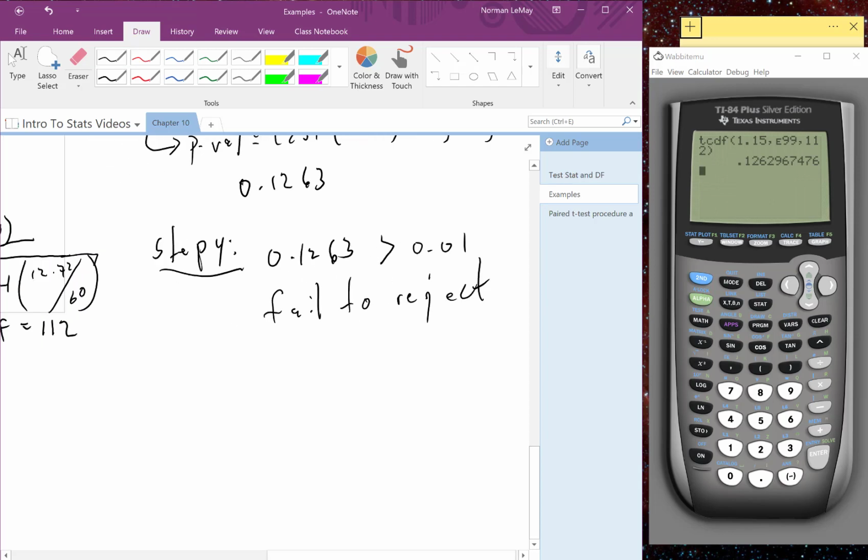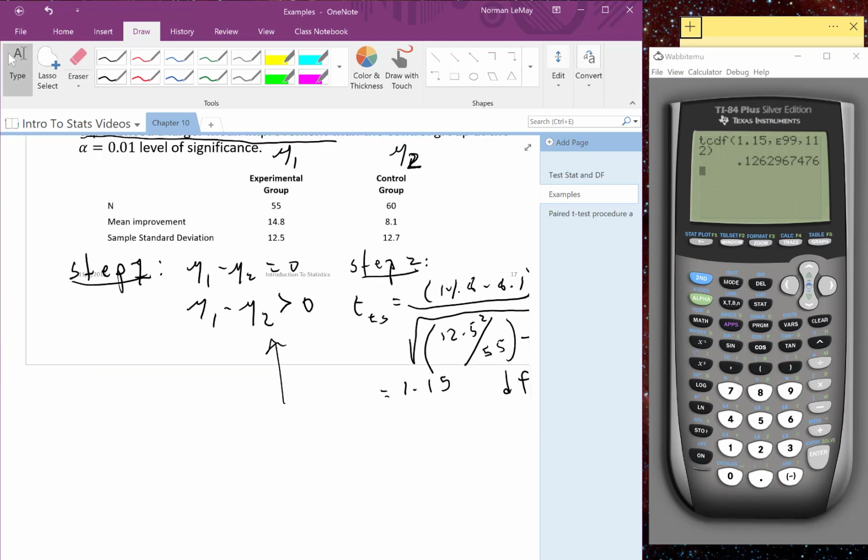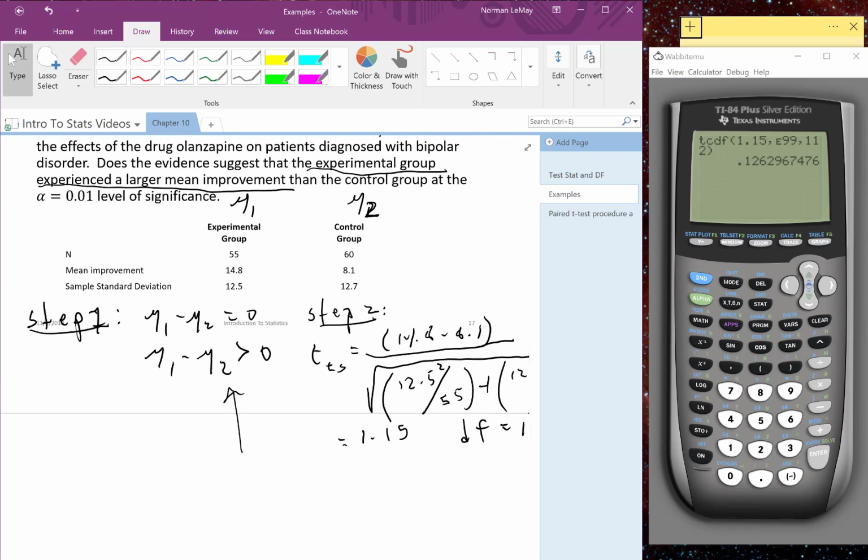All right, so since we fail to reject, again, all we're saying is that there is not enough evidence to support the alternative hypothesis, and that the amount of difference between the 14.8 and the 8.1 between the experimental and the control group is just due to innate random variability within the data set.